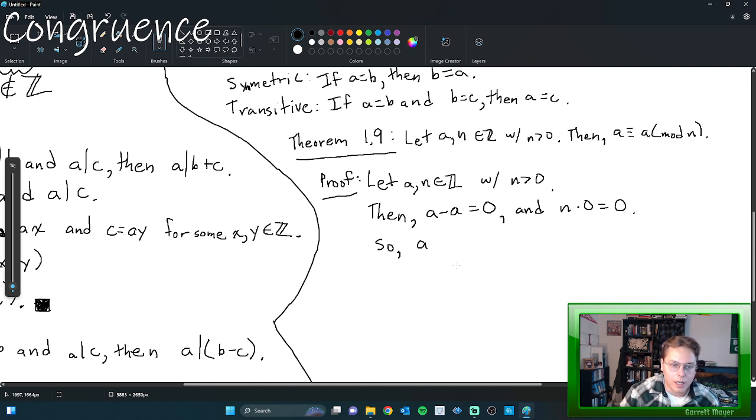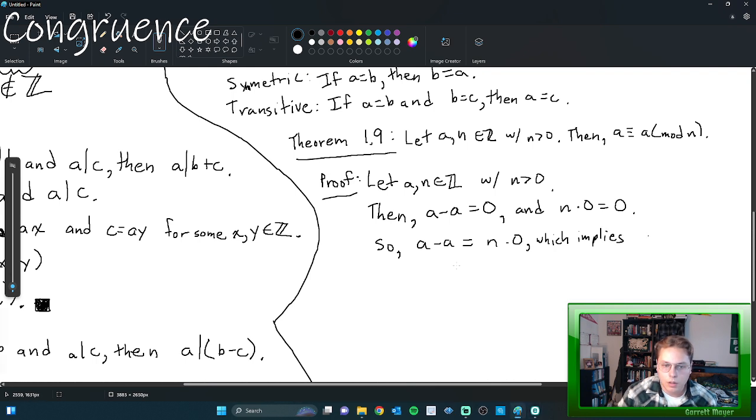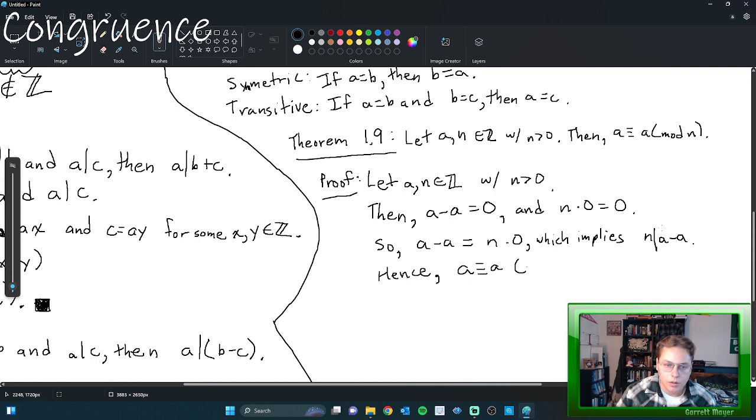So A minus A equals n times 0, which implies that n divides A minus A, hence A is congruent to A mod n. So we know that the congruence relation is reflexive.